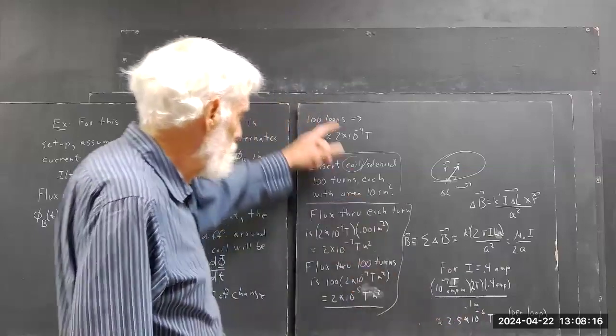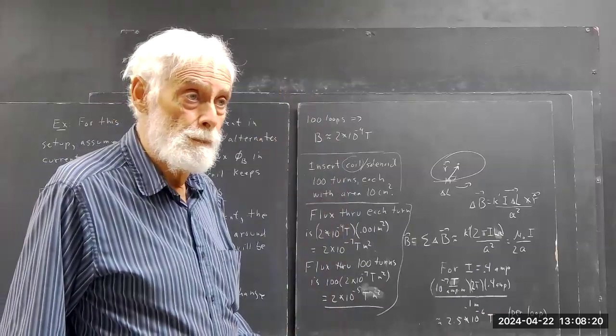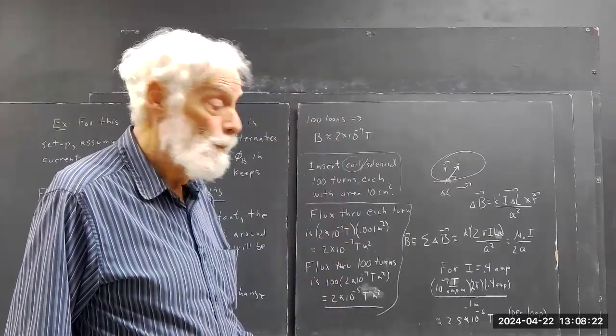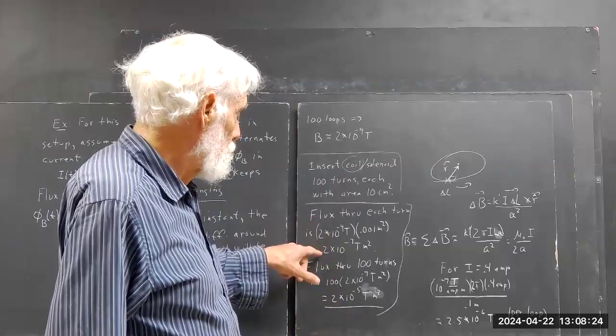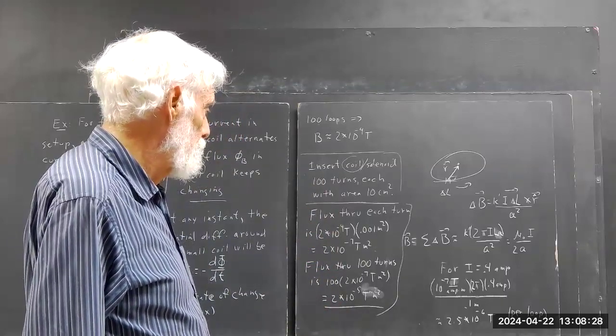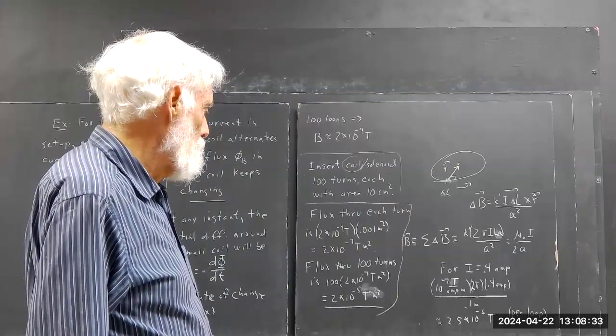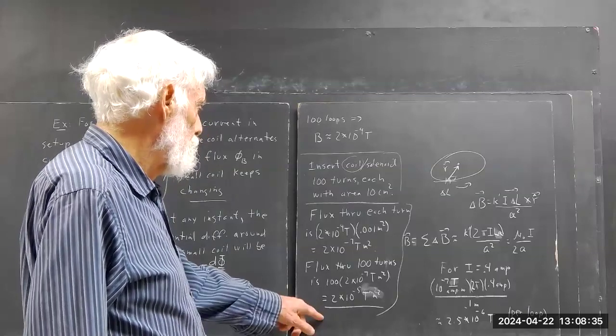This is the field. We multiply that by the approximate area of a loop. And then we multiply that by the 100 loops. And we got this.